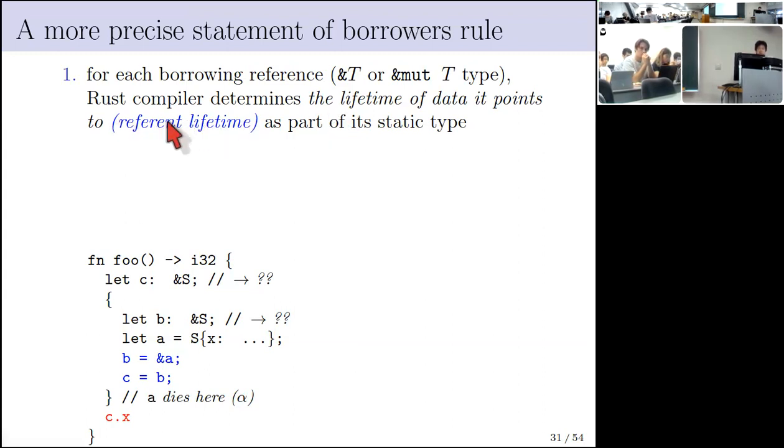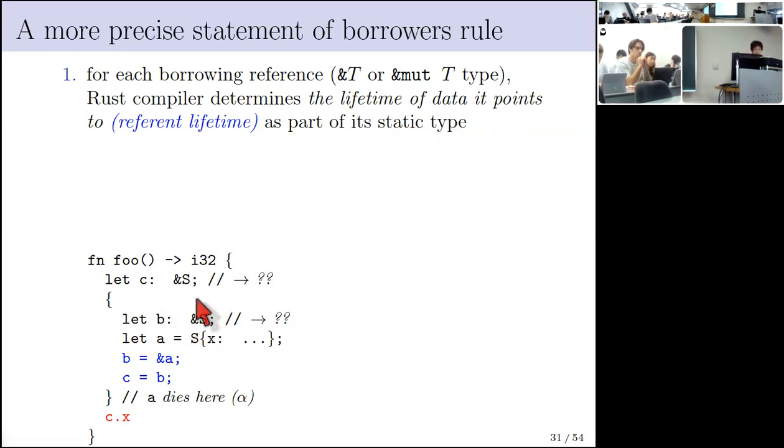The reference lifetime of a borrowing pointer is the lifetime of the data it points to. So please remember this terminology, reference lifetime. The Rust compiler determines the reference lifetime of each borrowing reference as part of its static type. The static type of each reference type includes the lifetime of the data it points to.